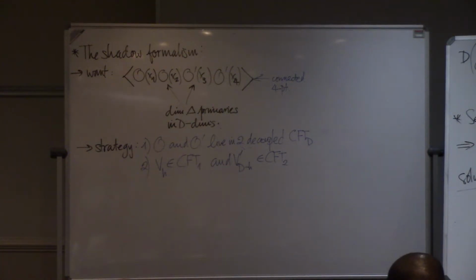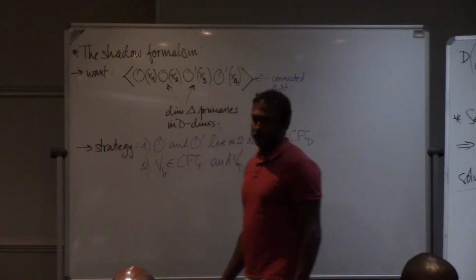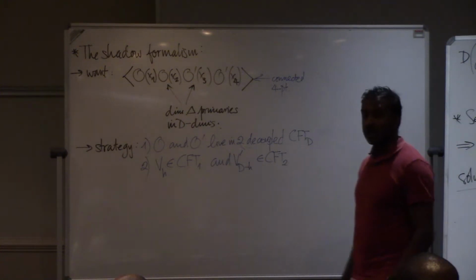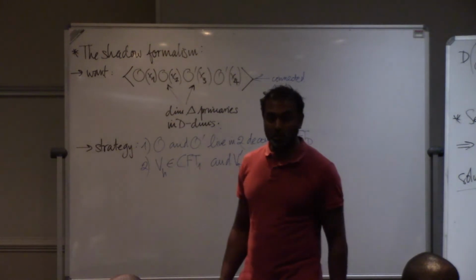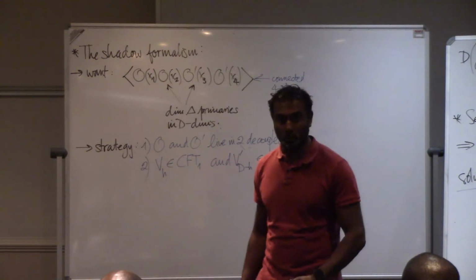Now, because these are decoupled CFTs, if I go ahead and calculate the connected 4-point function, it's going to be 0. But I can perturb the CFT by some operator. I'll write down what that operator is. That will allow me to write down a resolution of the identity, which I can then use to generate a 4-point function that is non-zero.